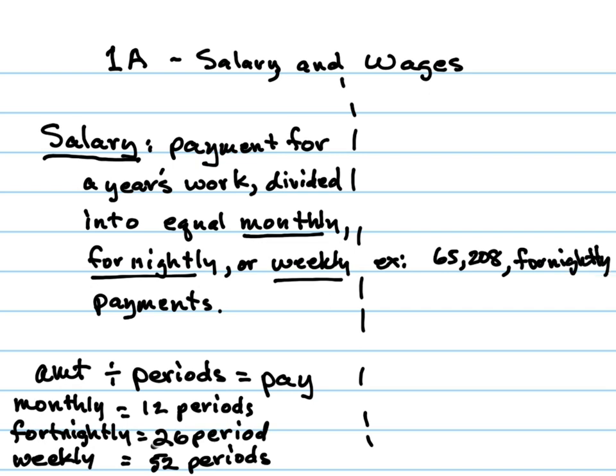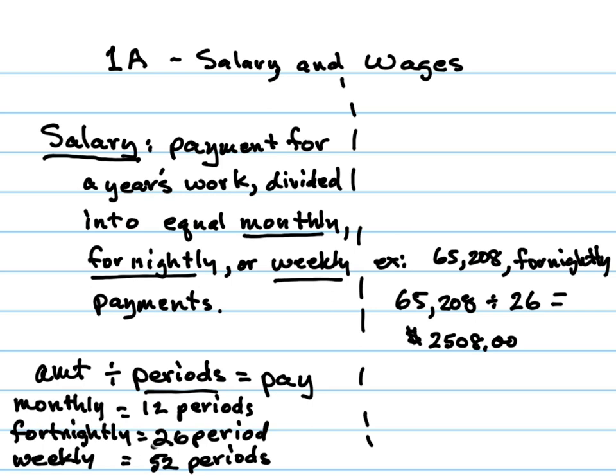So we want to see how much you receive each fortnight. So you're just going to take the 65,208, divide it by the number of periods, and since it's fortnightly, that always means 26 periods, and then do that division. Okay? When you do the division, you're going to get 2508.